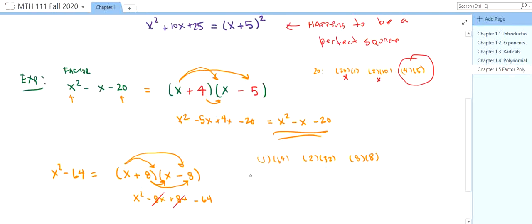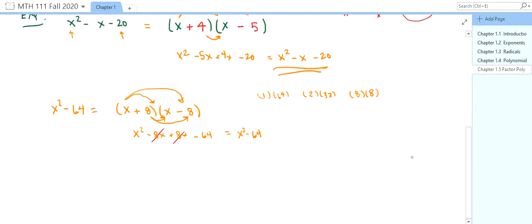So we're left with x squared minus 64. So anytime you see a quadratic equation minus a constant, you could just take the square root of this number, and that's going to be your factor.